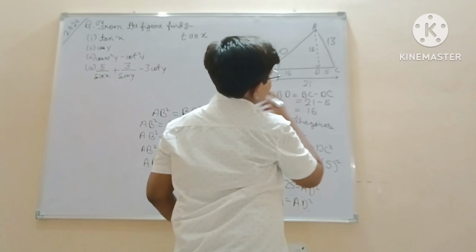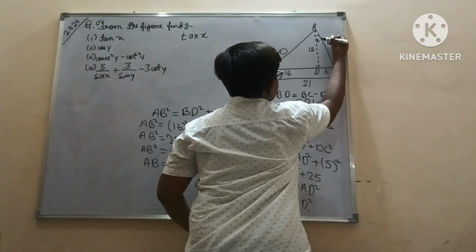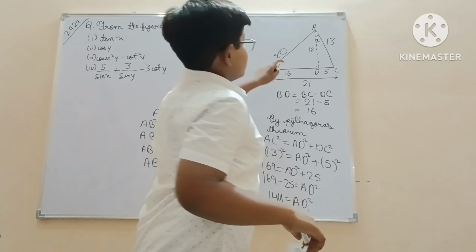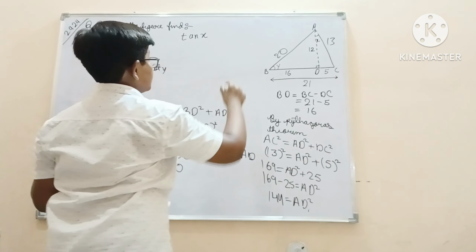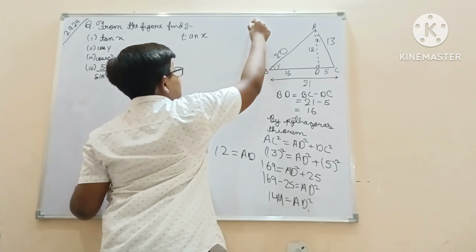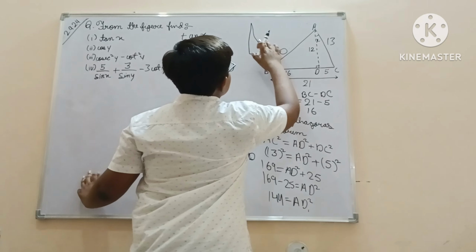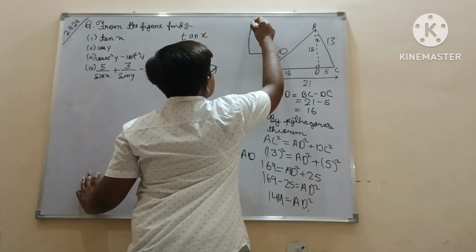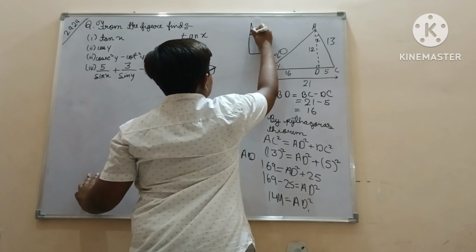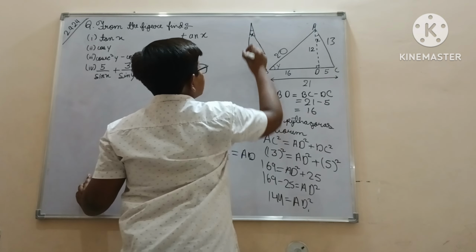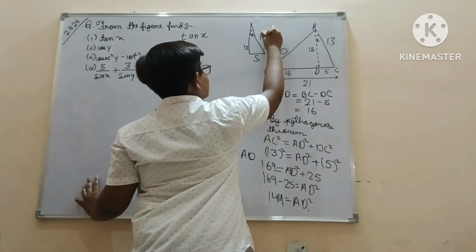So this angle in our question is x, and we need tan x. So now we will find this. We will separate this triangle, which is like this, and this angle is x, and this line is 12, and this line is 5, and this line is 13.